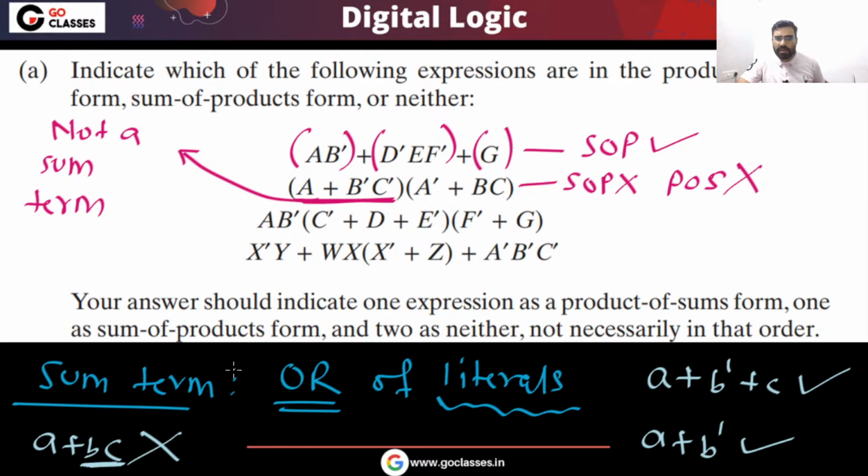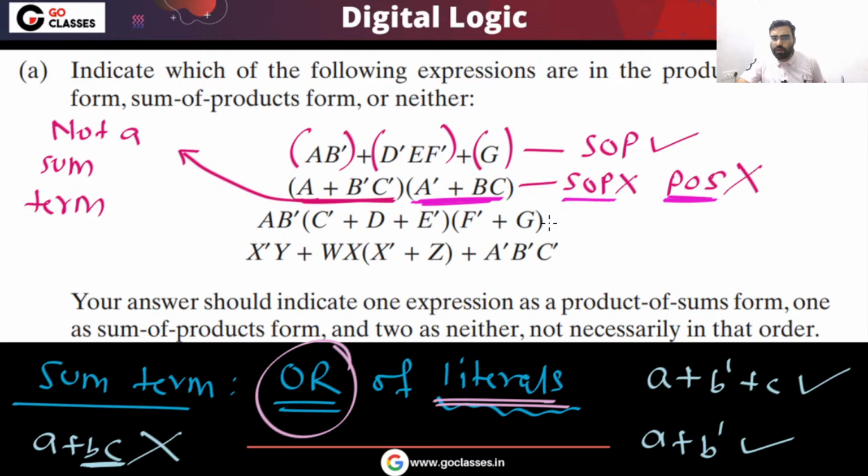So sum term means OR of literals. We have already seen this in the class, so please don't make a mistake. So you can notice this is not in SOP, and this is not in POS because this is not a sum term. Remember, this is also not a sum term.